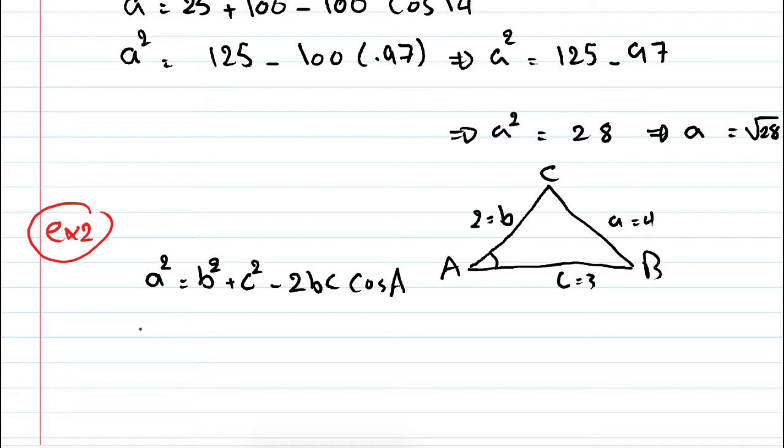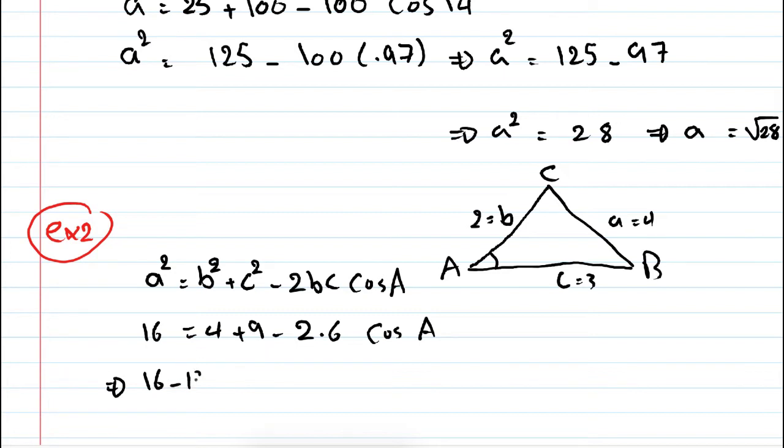So a squared equals 16 equals b squared equals 4 plus c squared equals 9 minus 2 times bc. 2 times 3 equals 6 cosine of A. So from this, we will have 16. So 4 plus 9 is 13. I'll take it to the other side.